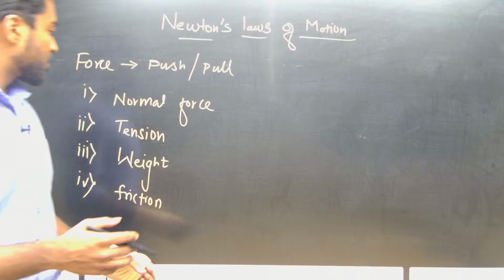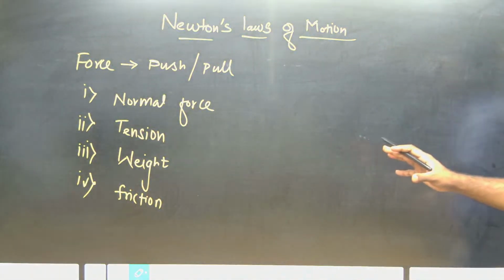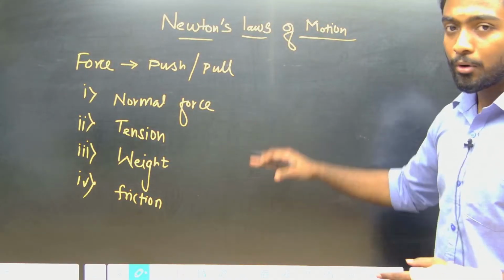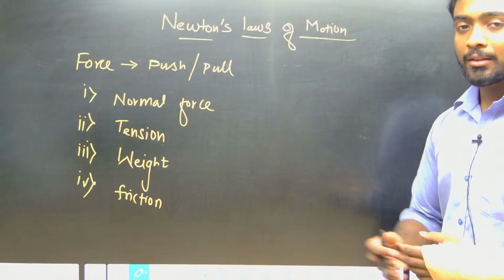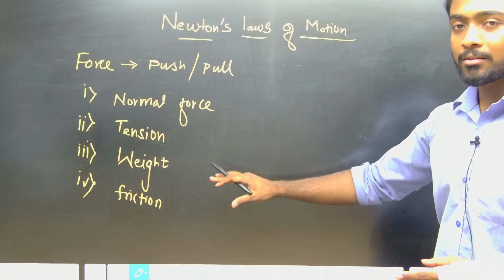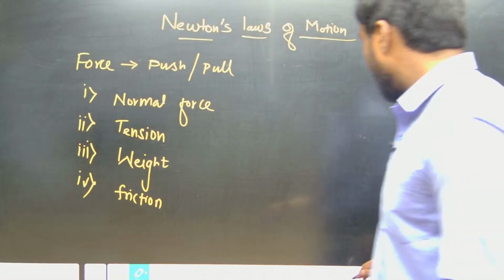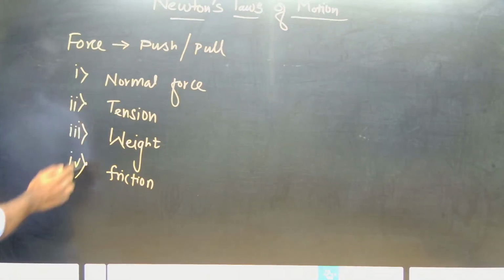Normal force, tension, weight, friction. If anything else comes up, I will talk about that, but spring force is there, and that one we will talk about later in the next session. First let us go through these forces, how to draw the free body diagram, everything, and how to solve the problem when the question is given.